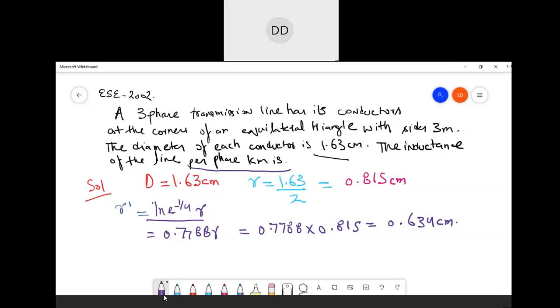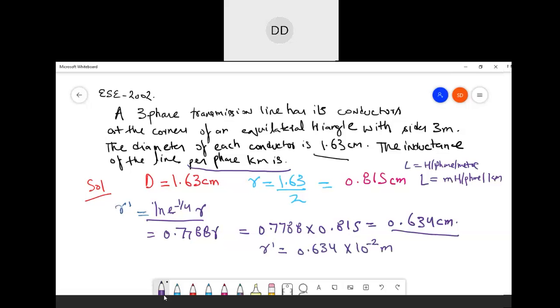Earlier I told you that the inductance in Henry per phase per meter, whereas in the case of kilometer it is millihenry per phase per kilometer. First of all, r dash is 0.634 centimeters. In terms of meters, it becomes 0.634 into 10 power minus 2 meters.